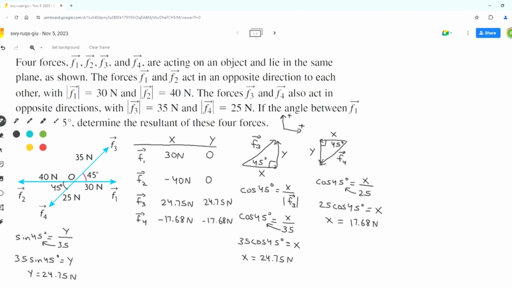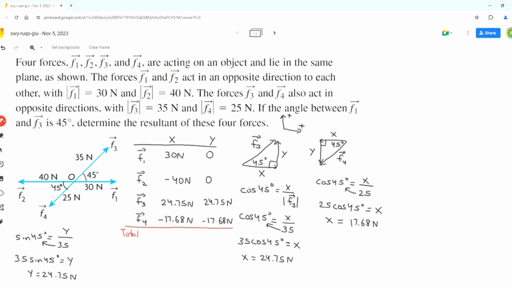Now we can calculate the total for the X and the Y components for all four forces. So for the X components, we have to do 30 minus 40 plus 24.75 minus 17.68.